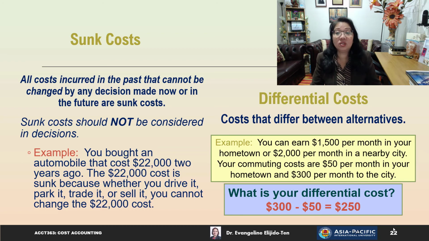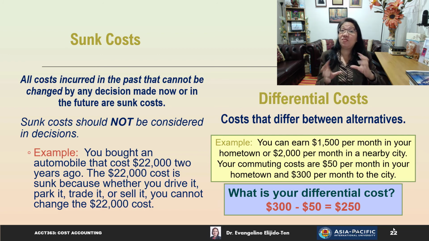The differential cost would be 300 minus 50, that is $250. But what is your differential earnings? It's 2,000 minus 1,500, so that means $500.